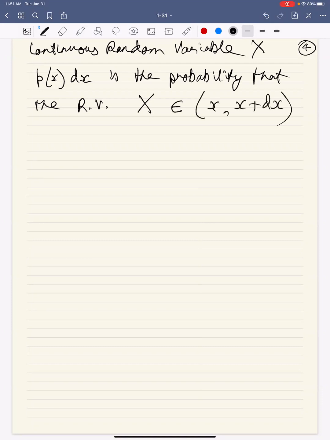Okay, this is a continuous probability density. Once again, the integral of P of x dx must be equal to 1. It has to lie somewhere, otherwise you missed out on something. And 0 less than or equal to p of x less than or equal to 1 for all values of x. It cannot be negative.